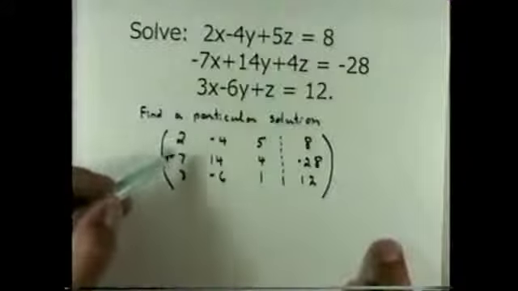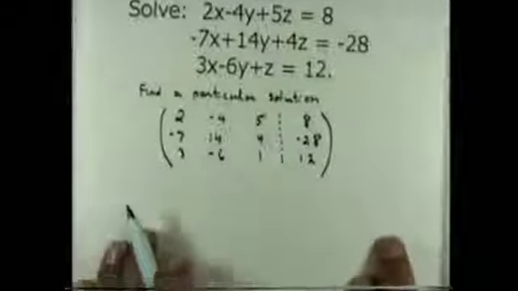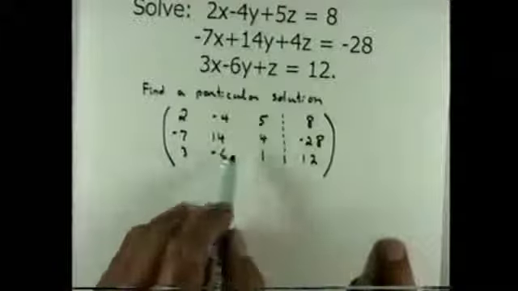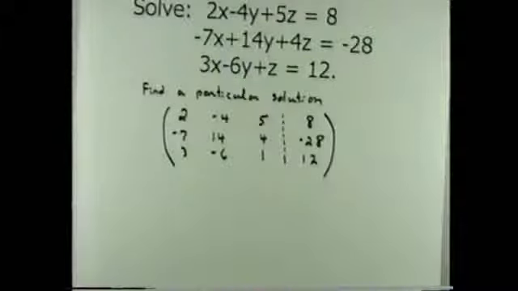Now we could do it by hand and row reduce it, but since you should already be good at row reducing, we'll let you use Derive. If you're not good at row reducing, you need to practice until you are, but then once you get good, use Derive.